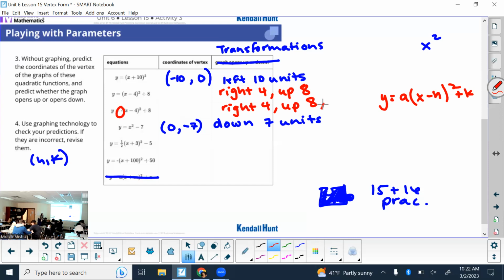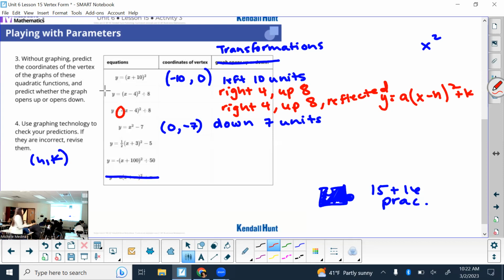It opens downward, so it's reflected. That flips it. So 3 transformations there. If you have an A, an H, and a K that are all different from the parent function, then there's 3 transformations.